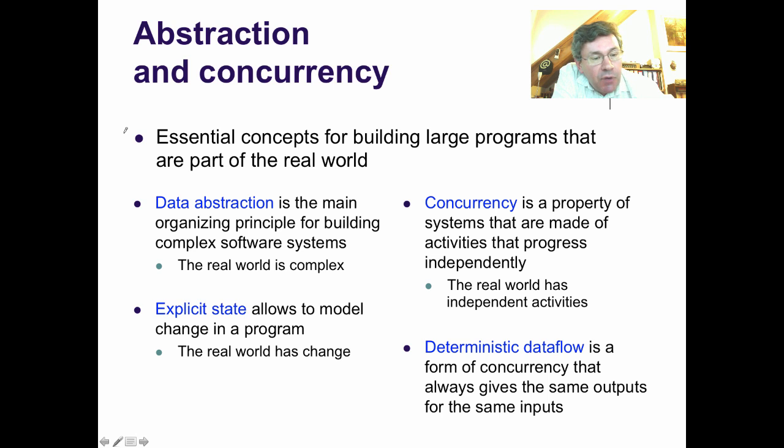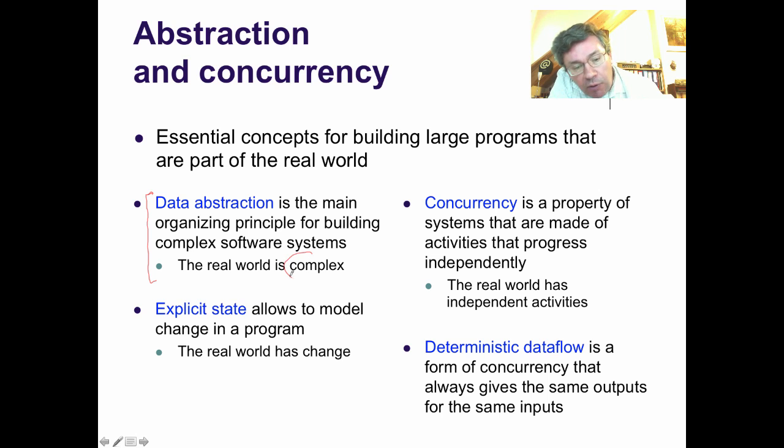So there are several concepts that we will add. Abstraction is one of them. Data abstraction is the main organizing principle that we will use to build very large software systems, large, complicated ones, millions of lines of code.